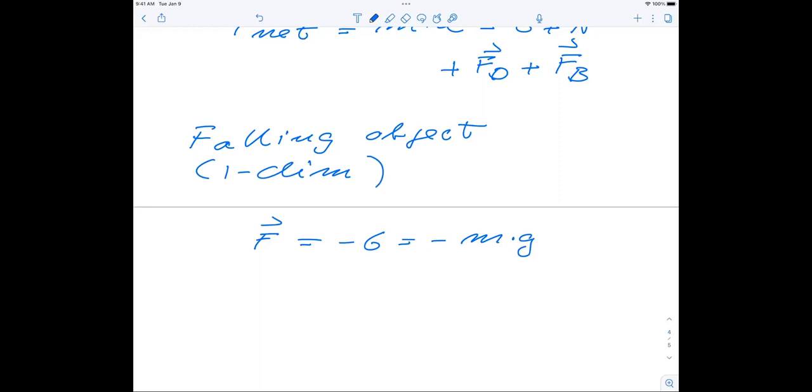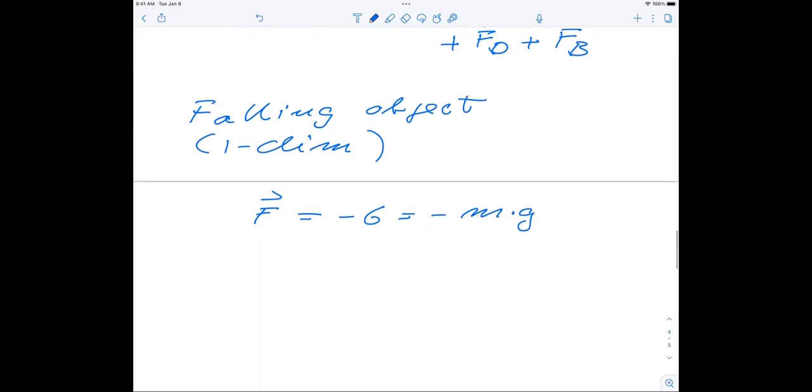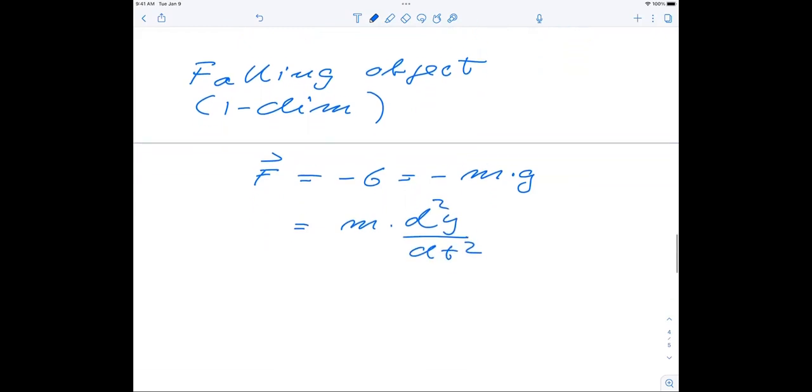So the g is no longer a vector. And the acceleration is given by m times g by the gravitational constant. And when we rewrite this equation, this is the same as m times the second derivative of y with respect to t.